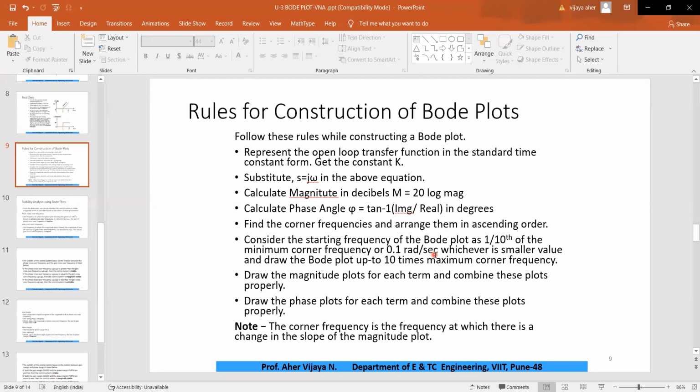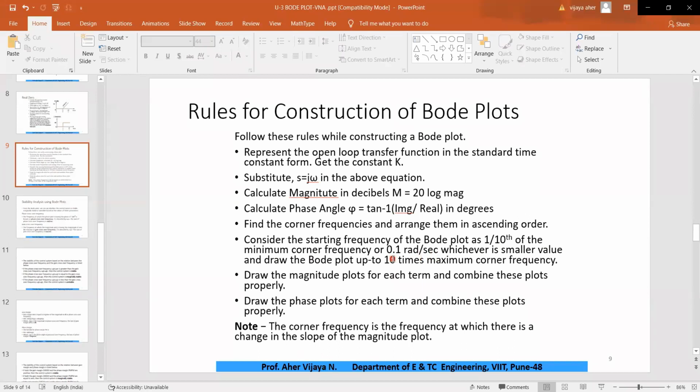So consider the starting frequency at omega equal to 0.1 radian per second, or 1/10 of the minimum corner frequency. The minimum corner frequency is nothing but the starting point of your frequency. So in semi-log paper, it is 0.1 radian per second, that is 1 divided by 10th of the minimum corner frequency.